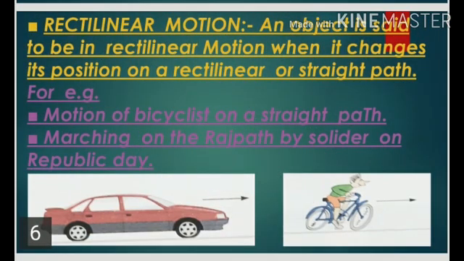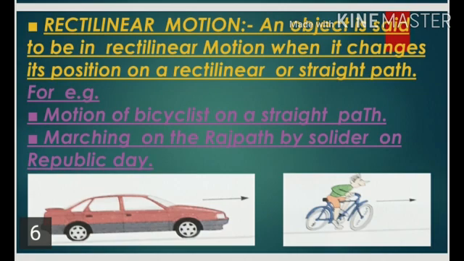Rectilinear motion: an object is said to be in rectilinear motion when it changes its position on a rectilinear or straight path. For example, motion of a bicyclist on a straight path and marching past of soldiers on Rajpath on Republic Day or some other function.